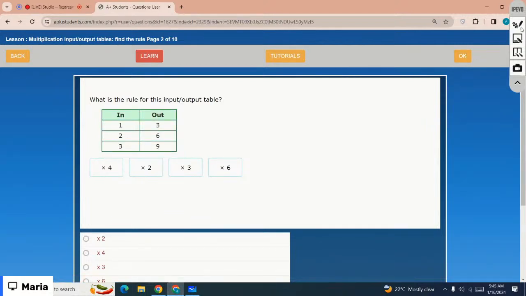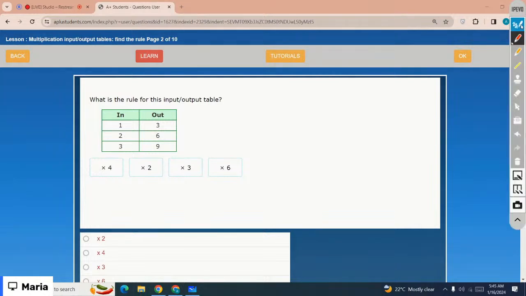What is the rule for the input output table? Which is the correct option? 1 times what number is 3? 2 times what number is 6? And 3 times what number is 9? So which is the rule for the table?